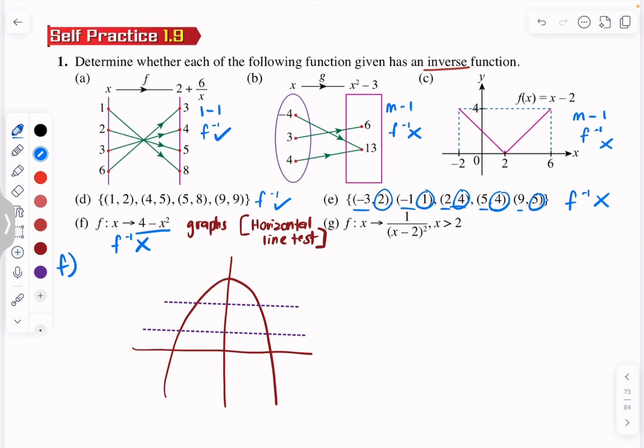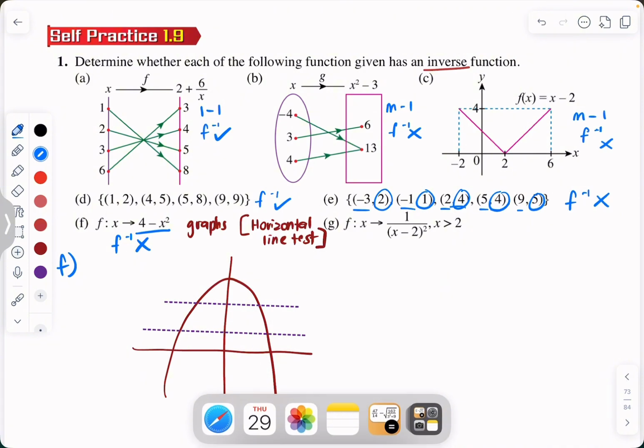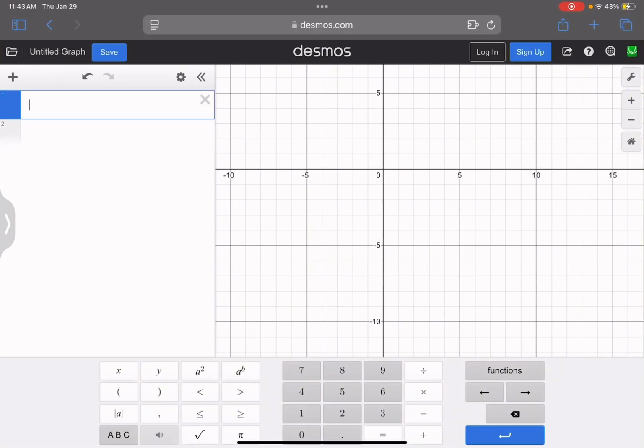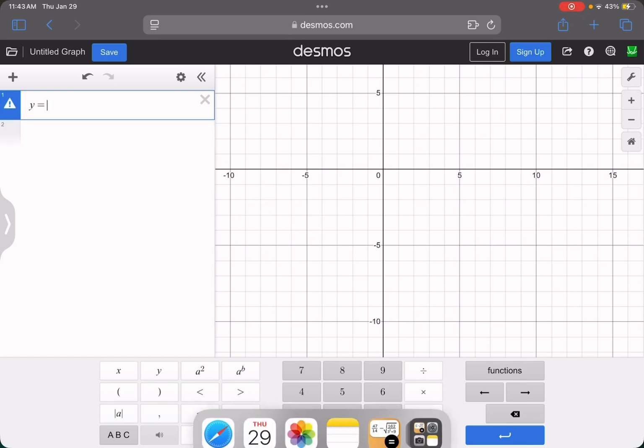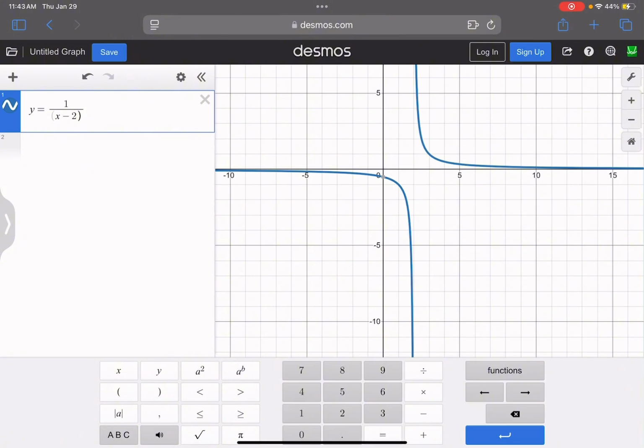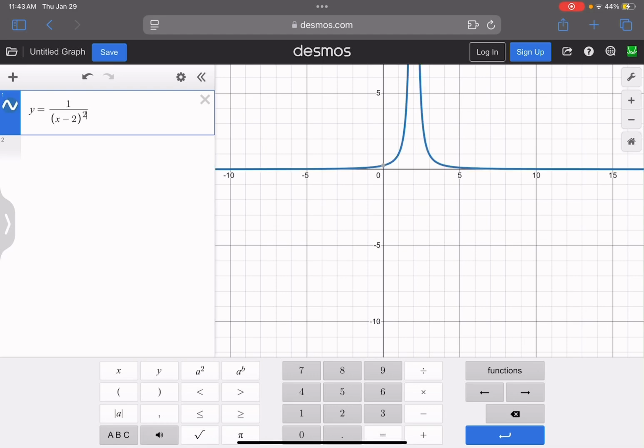Then let's look at G, the last one. f(x) is 1 over (x minus 2) squared. So you can say y equals 1 over x minus 2 in brackets, this whole thing squared.